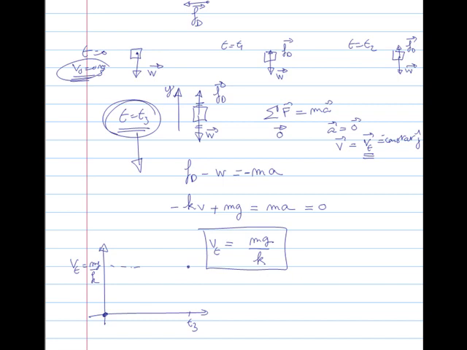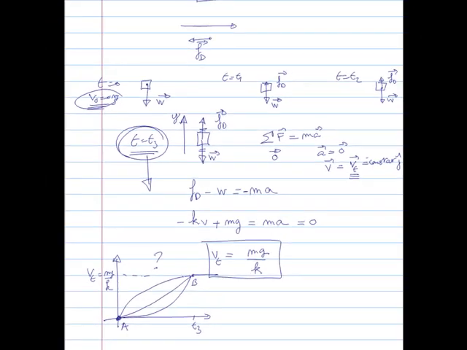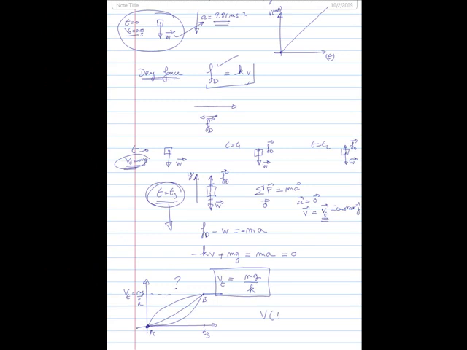So what I'm interested in is, let's try to figure out how the velocity will go from point A to point B. Is it going to go like this? Is it going to go like this? Is it going to go like this? Let's try to figure out the full functional form of the velocity as a function of time when we consider the drag force.